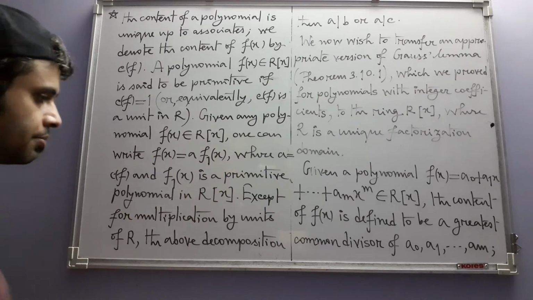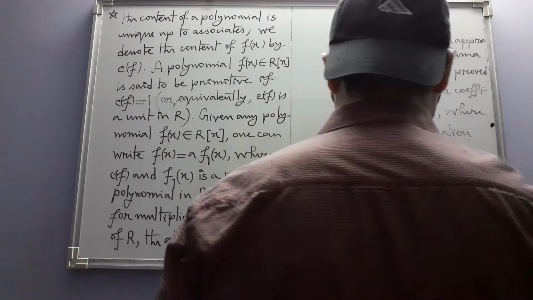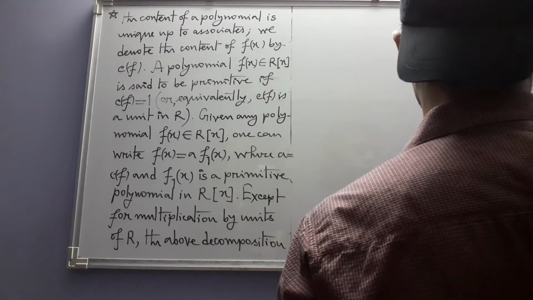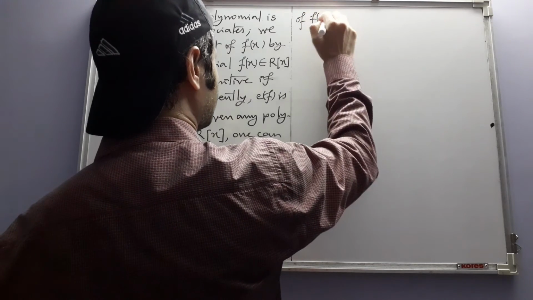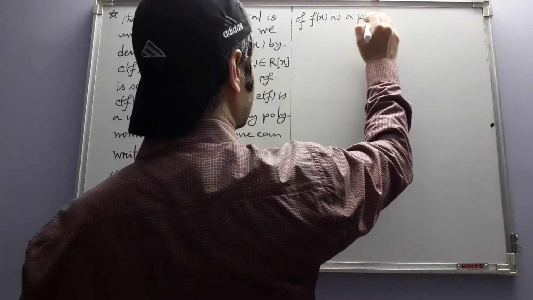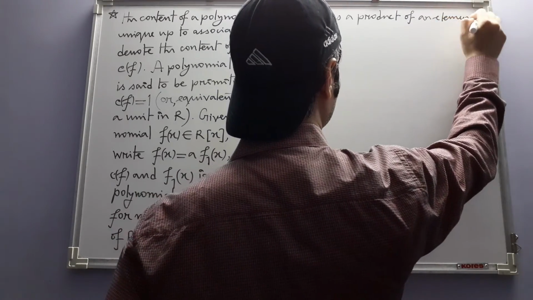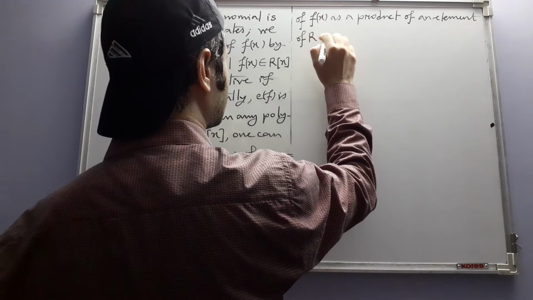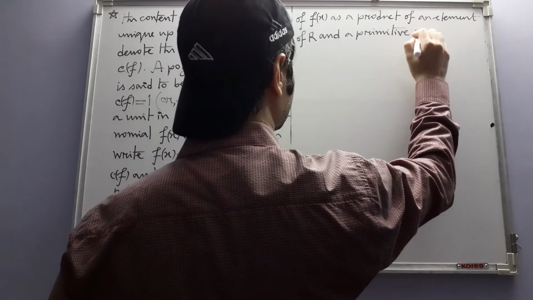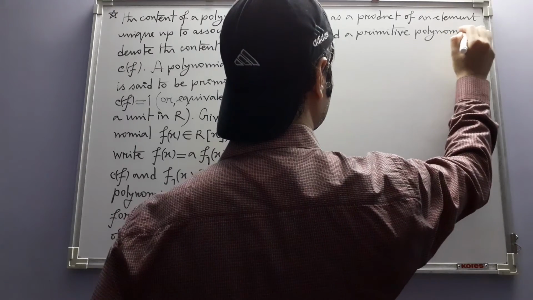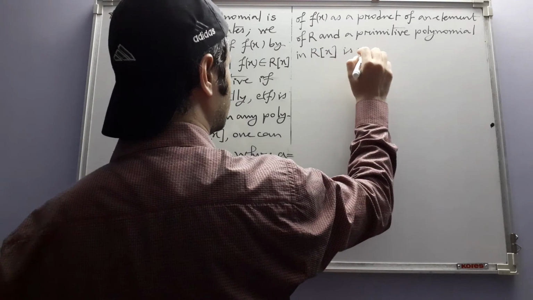That means the above decomposition of f(x) as a product of an element of R and a primitive polynomial in R[x] is unique.